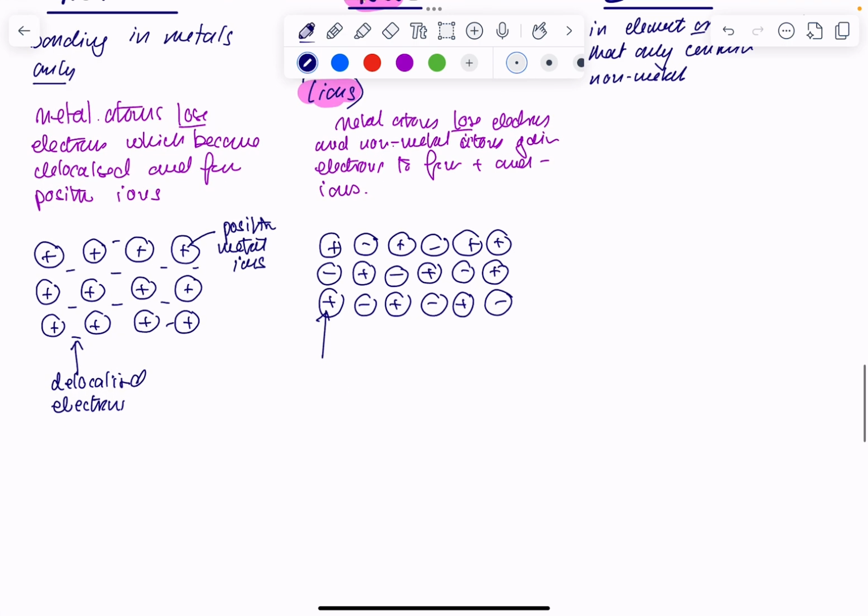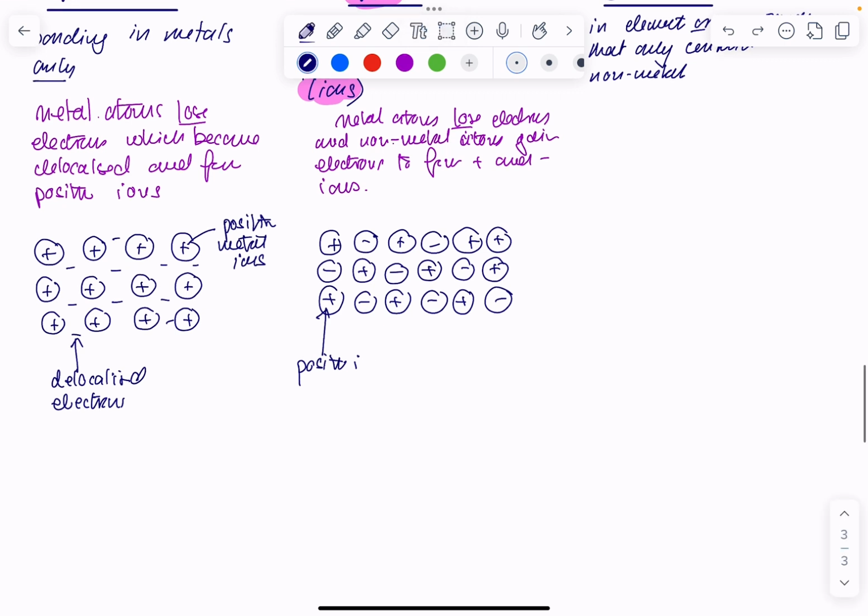So these are positive ions from the metal. Let's just call them positive metal ions. These are negative non-metal ions.